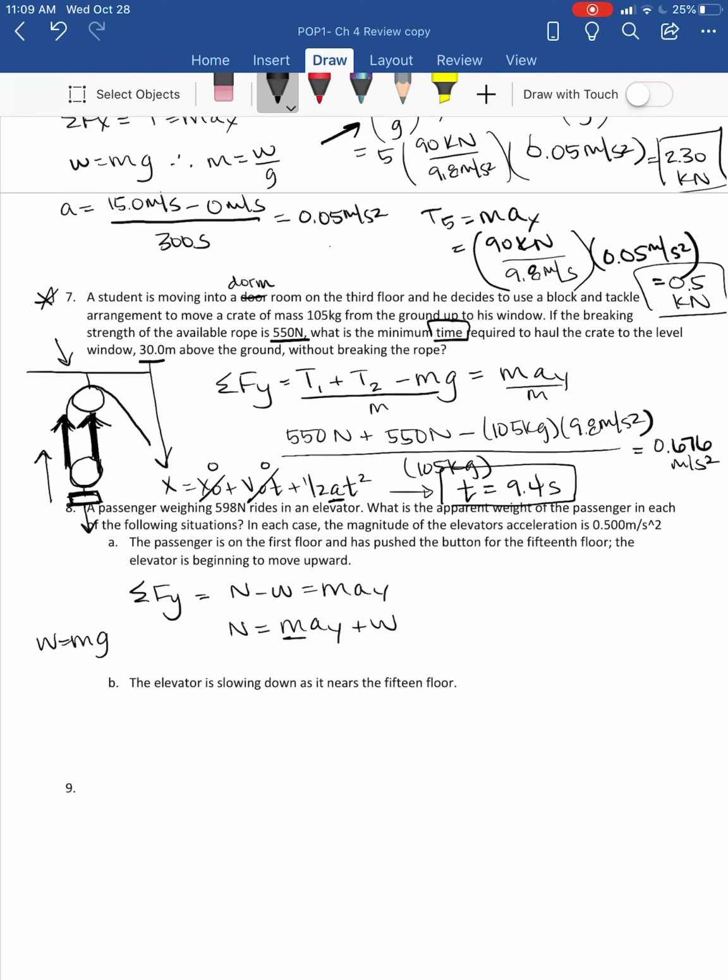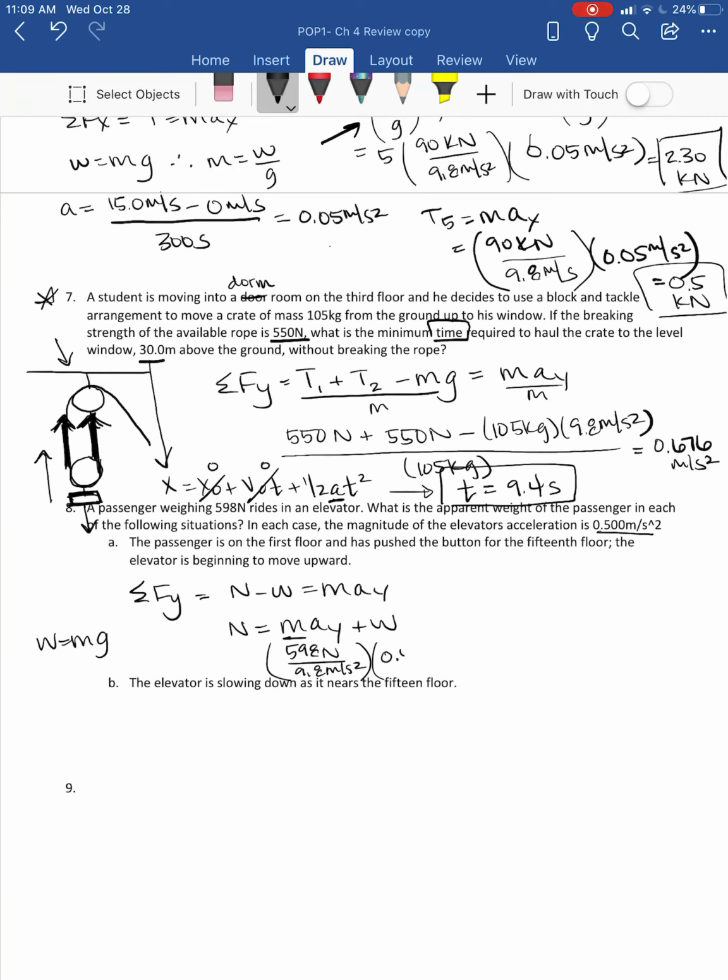So we have 598 newtons divided by 9.8 meters per second squared times the acceleration. If it's going upward, it doesn't say that it's slowing down or anything, it just says that it's beginning to move upward.